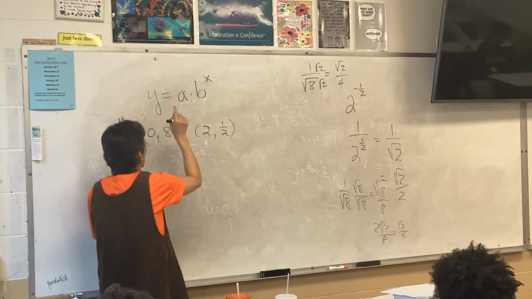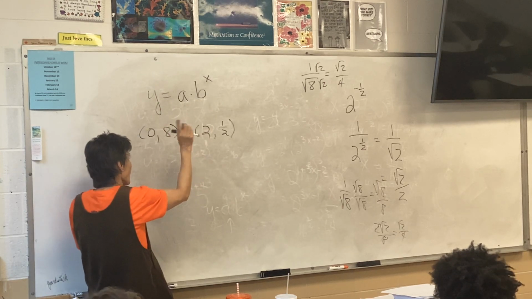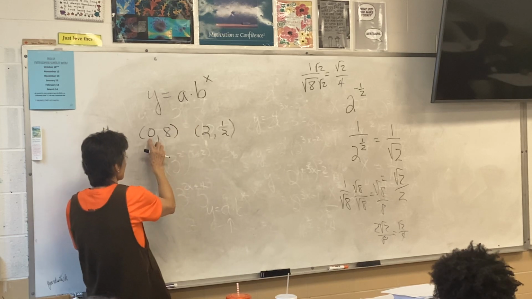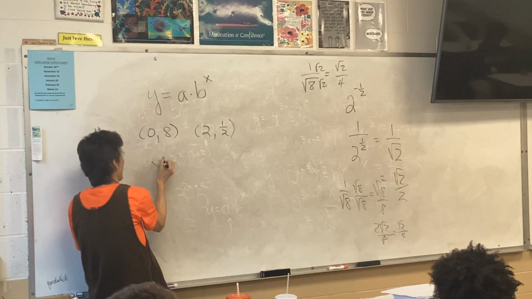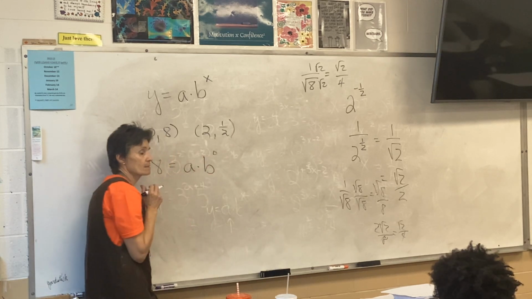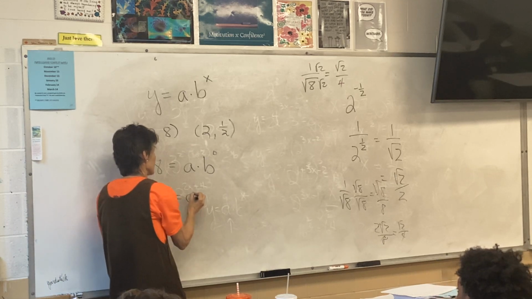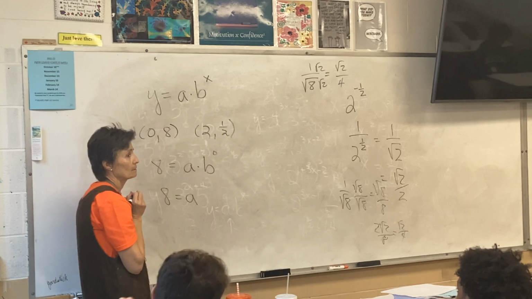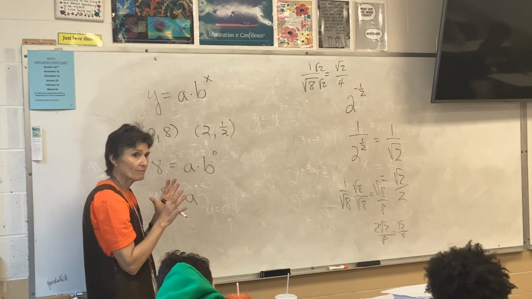Now, this is my format. What happens if I just plug in this first point? If I just put 8 in for y and 0 in for x, A equals 8. So in other words, I want you to think about this in terms of a graph for a second.